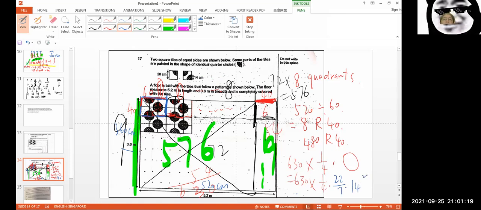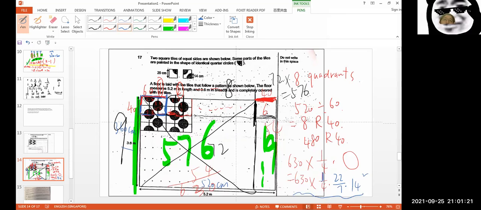Can you help me out? It should be a nice number because they give you 22/7, so it shouldn't be some weird decimal number. If your answer is a decimal, that's why you are wrong.